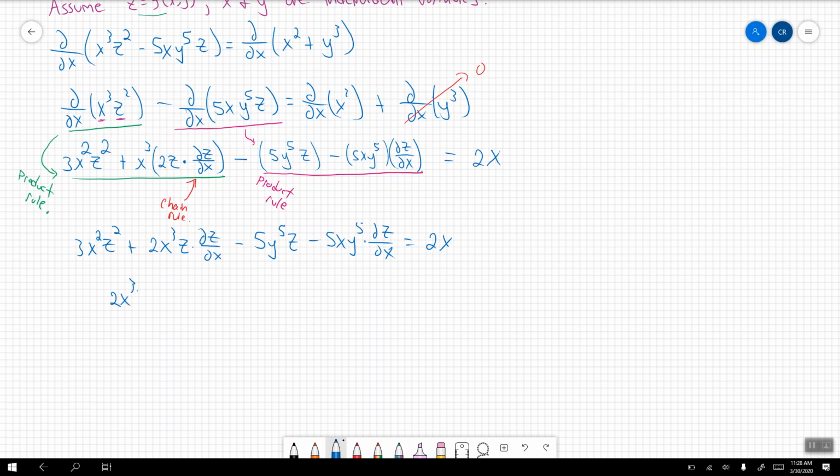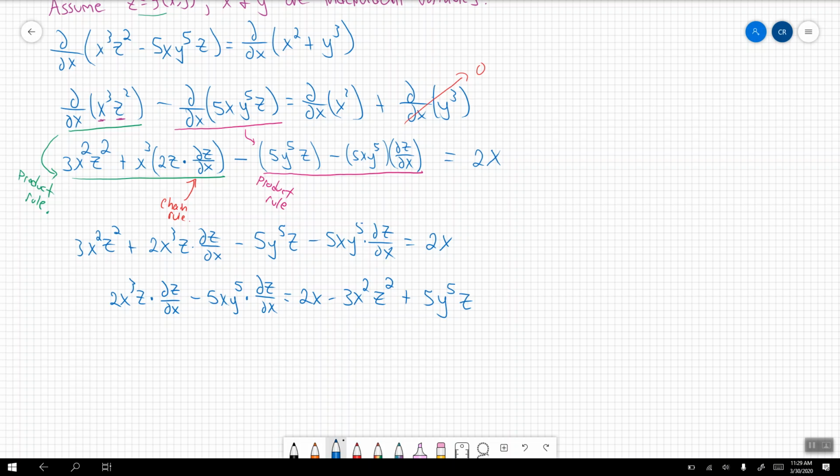So 2x cubed z multiplied by the partial of z with respect to x, and then minus 5xy to the 5th times the partial of z with respect to x is equal to 2x minus 3x squared z squared plus 5y to the 5th z.